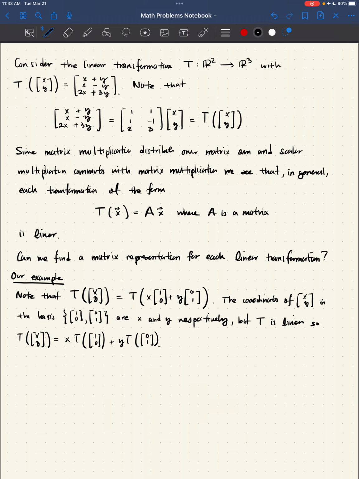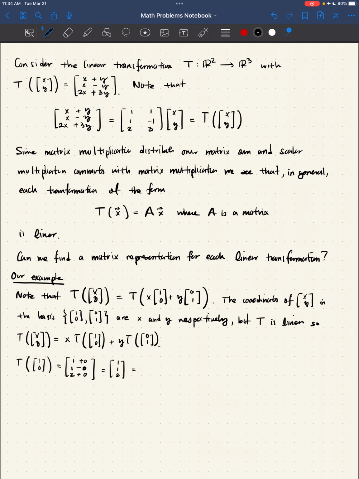Well, let's see how it behaves on a basis. Let's actually determine a representation of T acting on the standard basis of R2. So we'll decompose T of 1, 0, and it's nothing else but 1 plus 0, 1 minus 0, 2 plus 0, which is now 1, 1, 2, which is nothing else but the coordinate vector in the standard basis of R3.